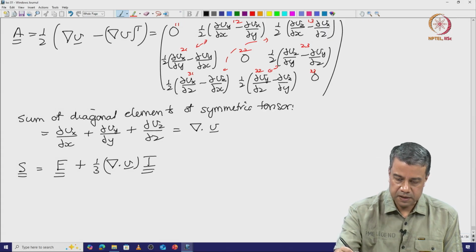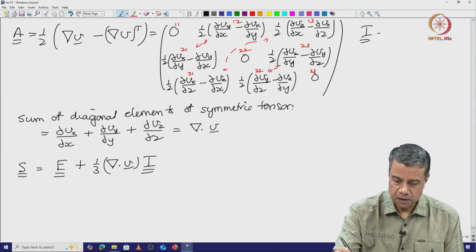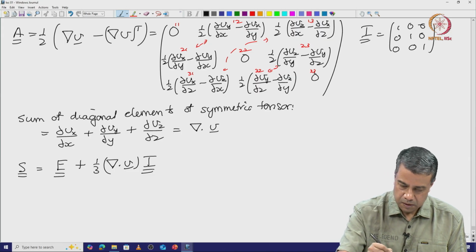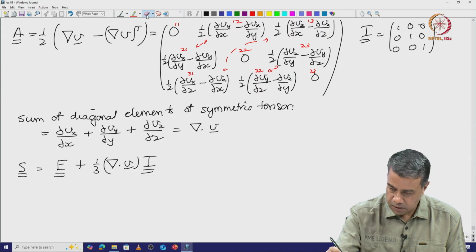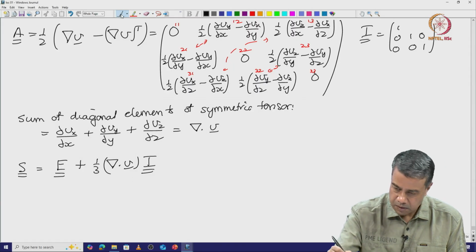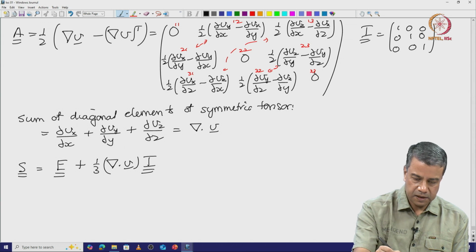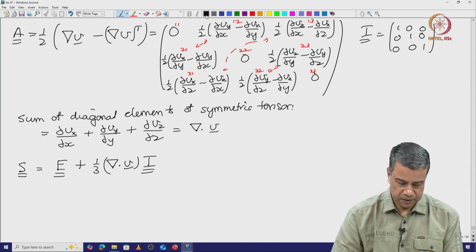Recall that I is equal to 1 0 0, 0 1 0. That is the identity tensor, that is the isotropic tensor.